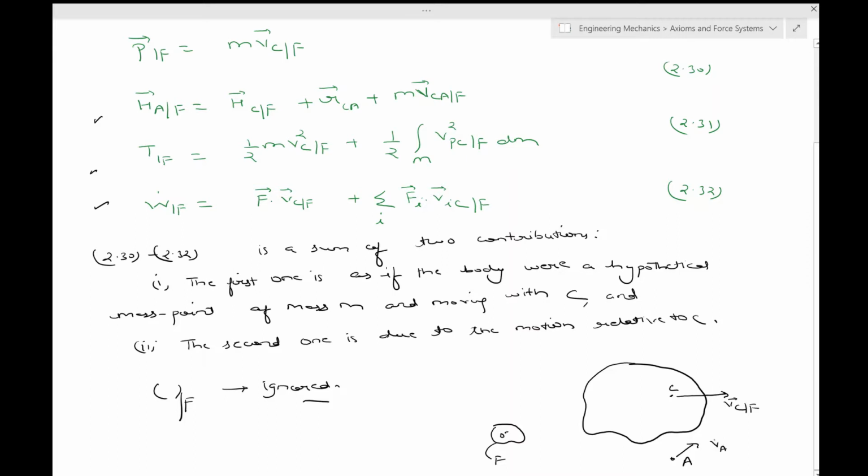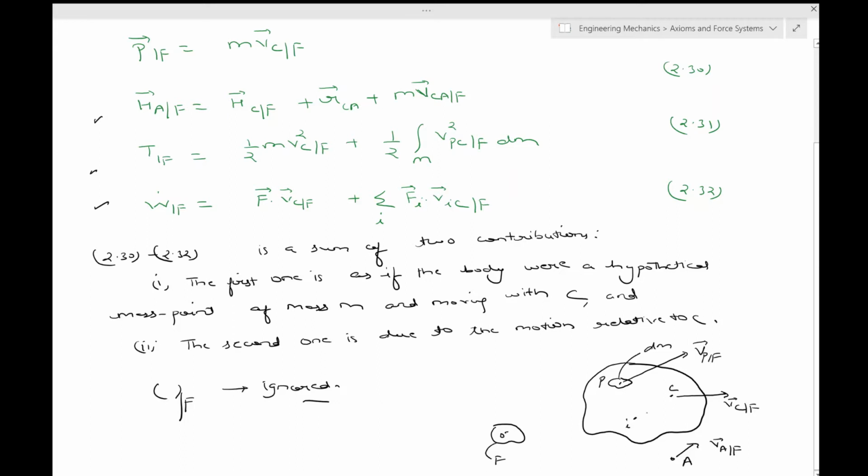This has a velocity with respect to frame F. Now consider a distributed mass. This is a small mass dm. This has a center point P, and this has the velocity of P in the F frame. Now again you can consider this point i.